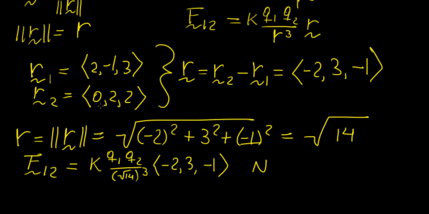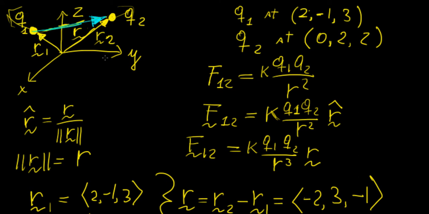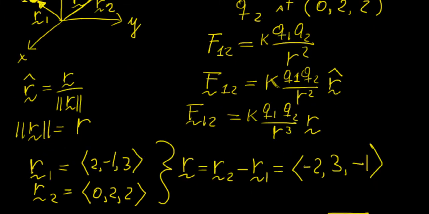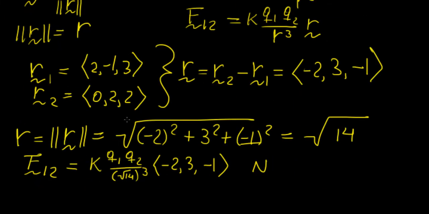Now you might be thinking, an electrostatic force is actually applied in both directions. This exerts a force onto charge 2, and charge 2 exerts an equal force onto charge 1. So how do we represent that? Well, you can easily establish the relationship F from 1 to 2 equals minus F from 2 to 1, because F from 2 to 1 is just going to be the same thing here, but with all the signs inverted.